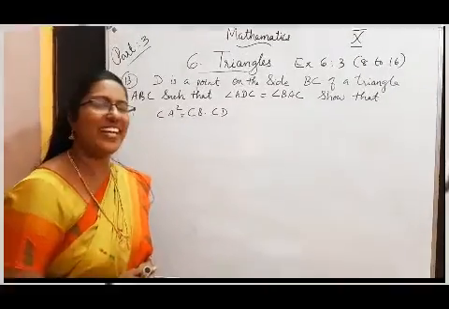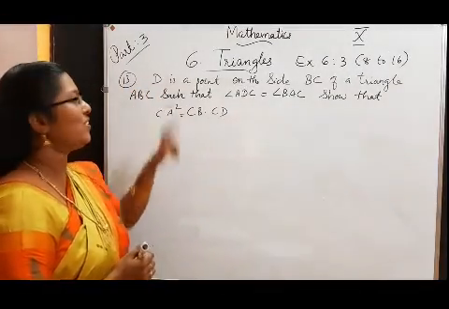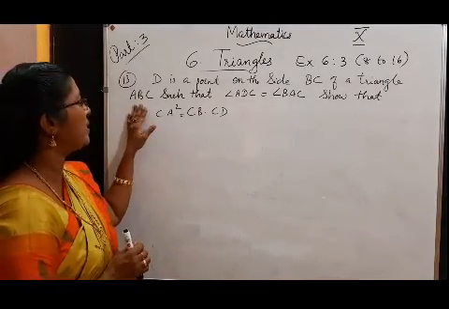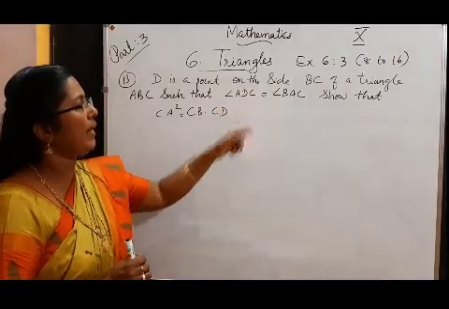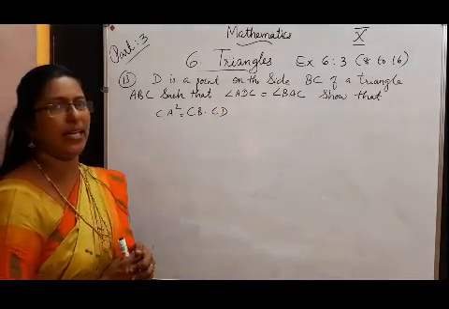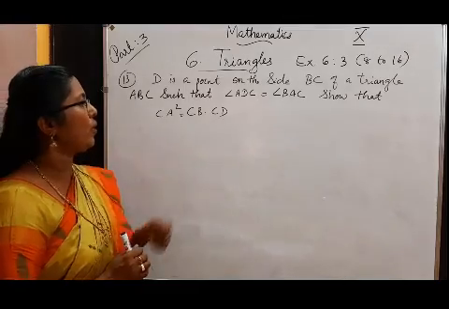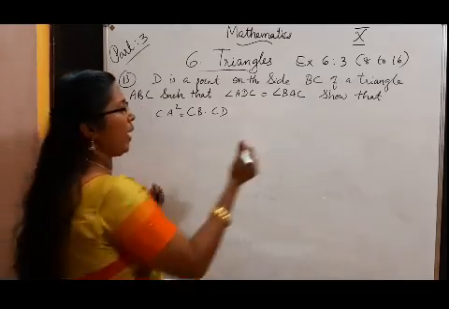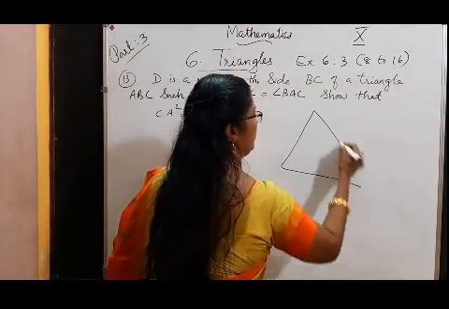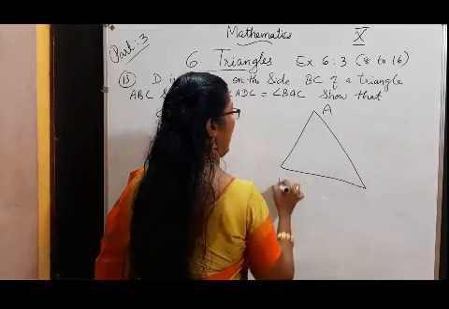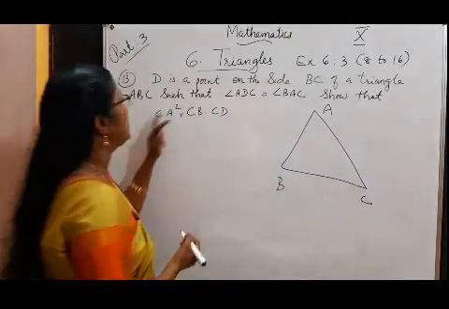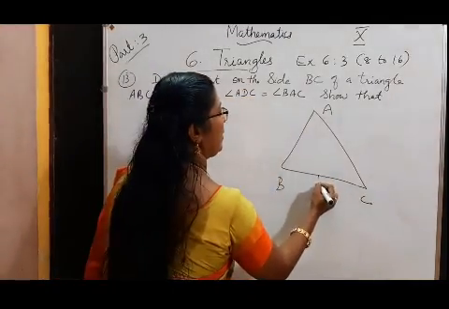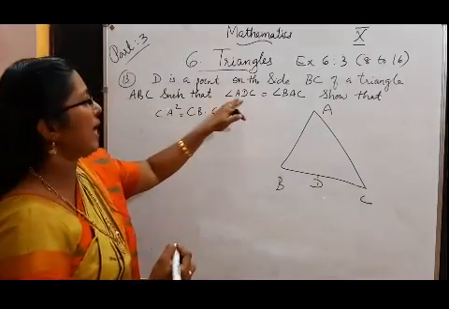Okay. The next question, question number 13. Here the question: D is a point on the side BC of a triangle ABC such that angle ADC equals angle BAC. Show that CA square equals CB into CD. Here the triangle ABC, such that D is a point on the side BC.